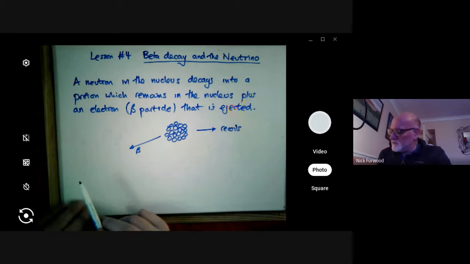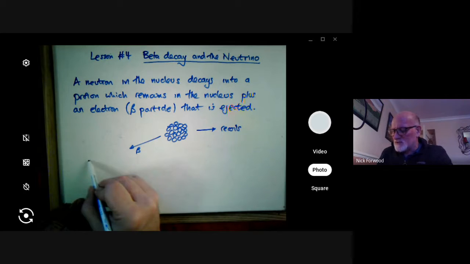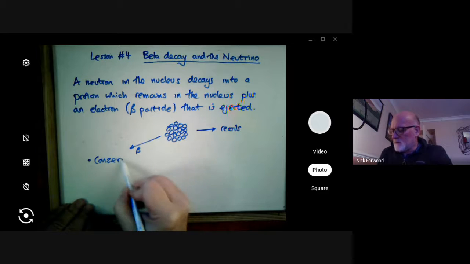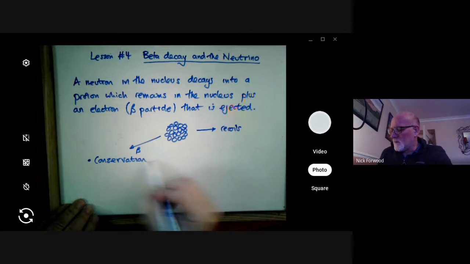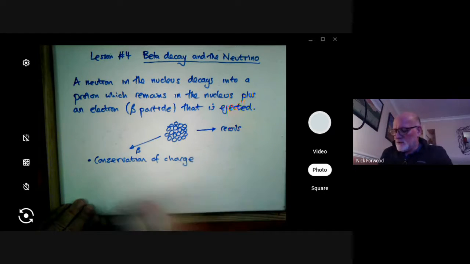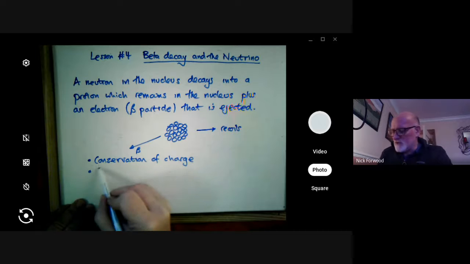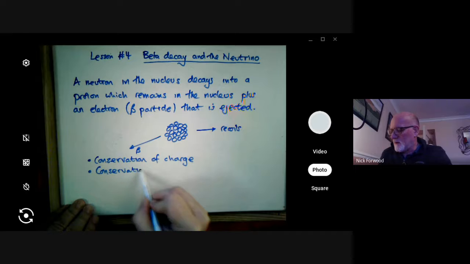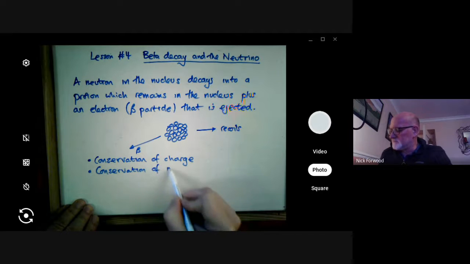So what we want to look at now is two things. One of the things we want to look at is something called conservation of charge. And the other one is conservation of momentum.